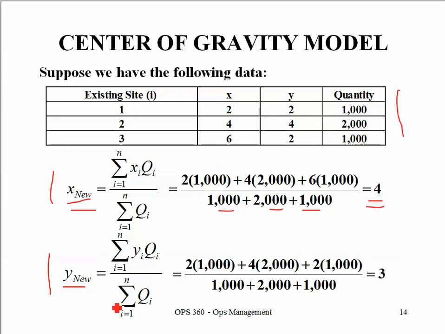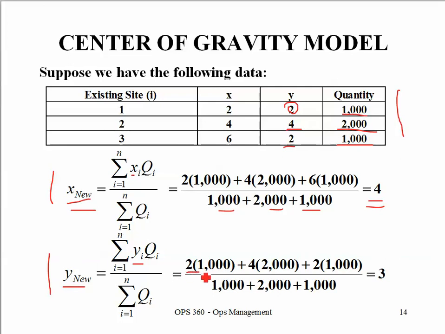What about the north-south coordinate? I apply the same basic math, only now I'm applying it to the north-south coordinates of the existing sites as opposed to the east-west coordinates. So I get 2 over here times 1,000 plus 4 times 2,000 plus 2 times 1,000.